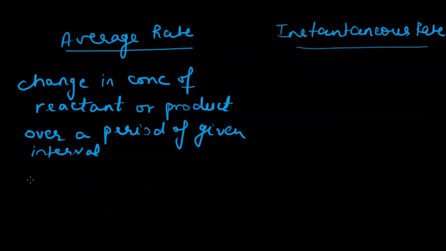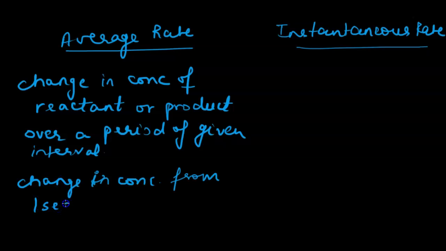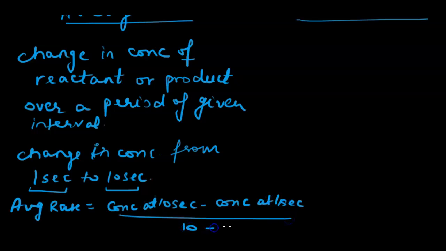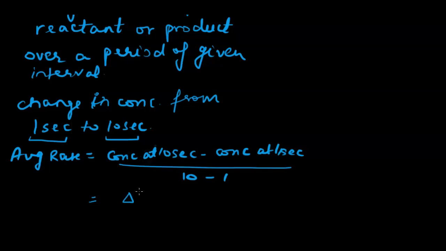For example, if we are asked to find the rate from 1 second to 10 seconds, we find the concentration at 1 second and the concentration at 10 seconds, and then the average rate would be equal to the concentration at 10 seconds minus the concentration at 1 second, divided by 10 minus 1. So the numerator represents the change in concentration and the denominator represents the change in time.